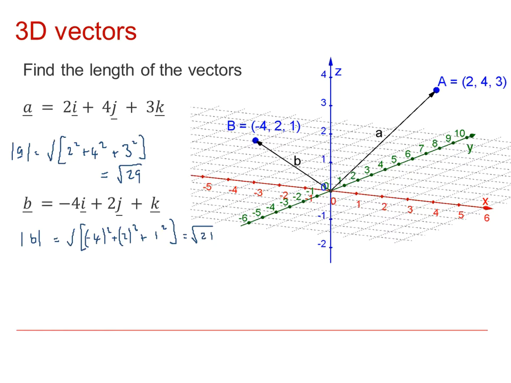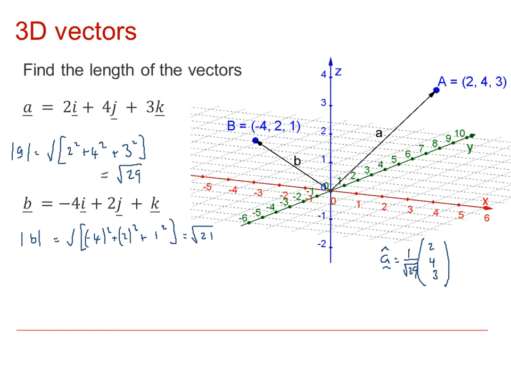We could talk about a unit vector in the direction of these, so a hat would be the vector 2, 4, 3 divided by the square root of 29. So if I write that at the top here, a hat would be equal to the vector 2, 4, 3 and then divided by its length, the square root of 29.